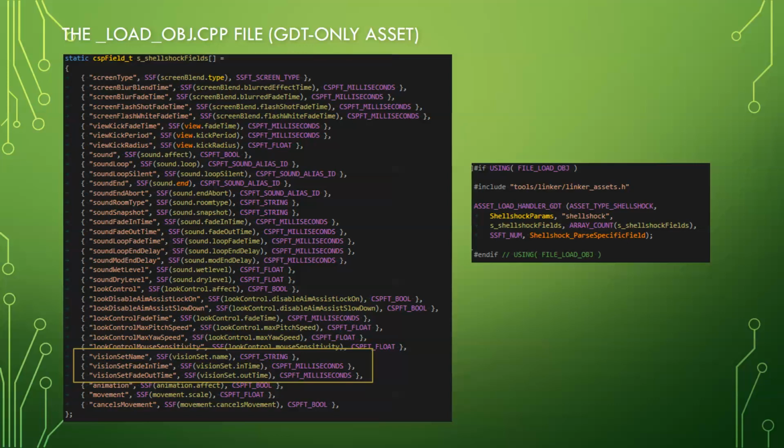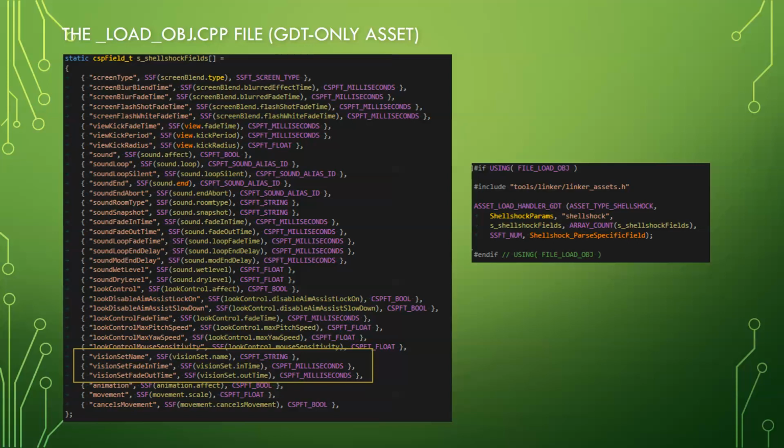Oh, you mean the part specific fields? Yeah, I think we talked about it earlier. There's this part specific field function that you could use if you only wanted to use it in one asset type. You can look at shell shock params again for an example of that. But if you wanted to use it everywhere, you would have to add to this CSPFT array, if you wanted life to be easier.